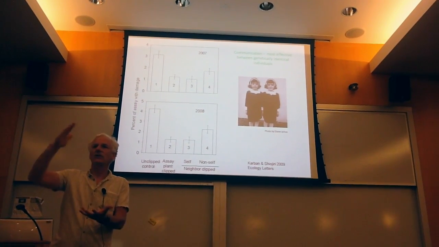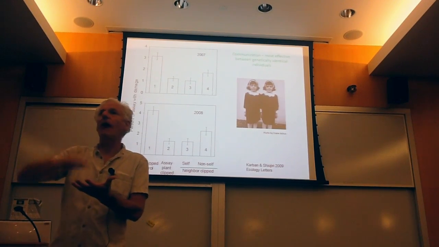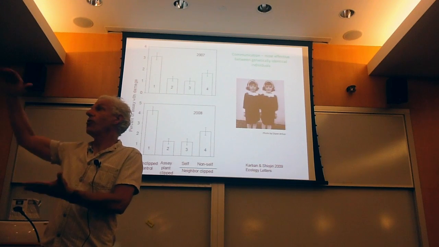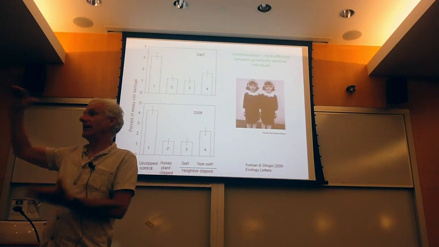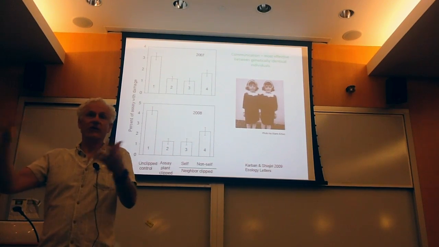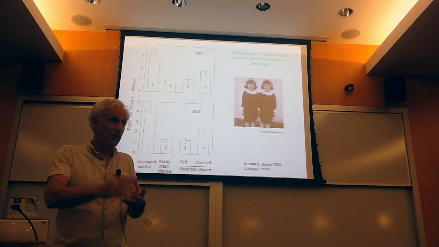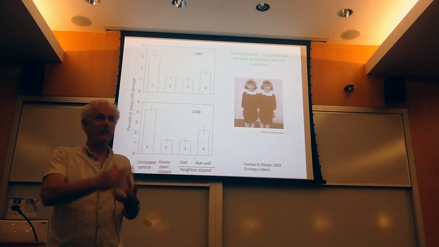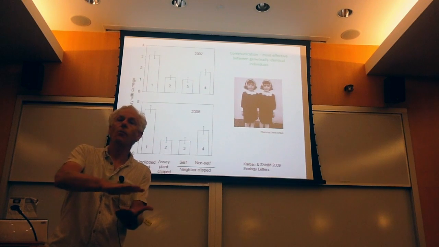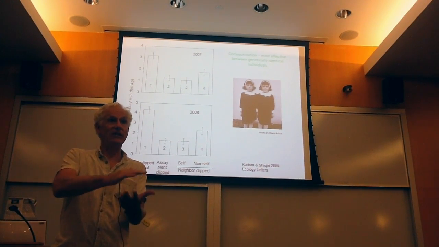Both of those are controls, because they set the bounds for us. The unclipped control shows us how much damage a plant will get if it's not receiving any cue. And the treatment where we clipped the plant itself is sort of a lower bound: how little damage will a plant get if we clip that plant itself?